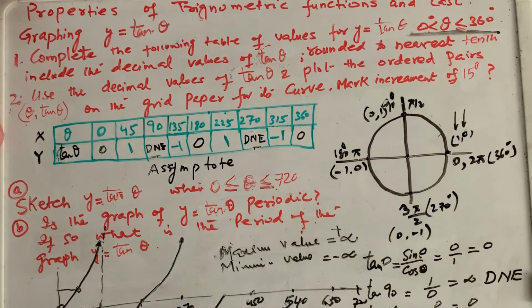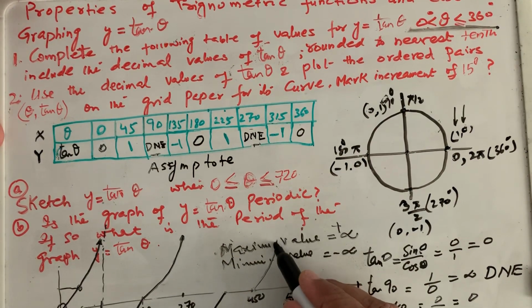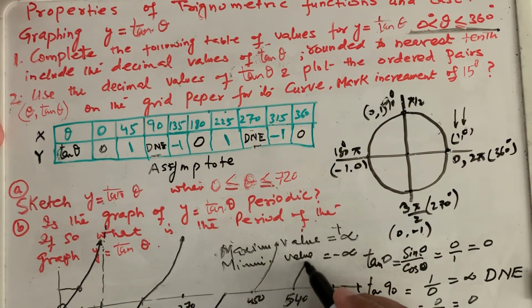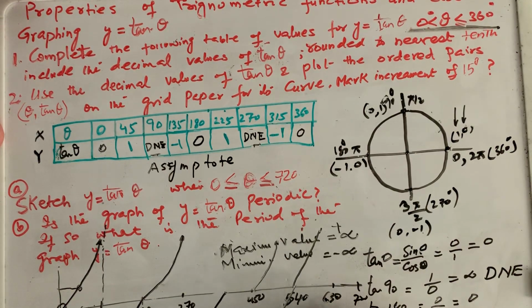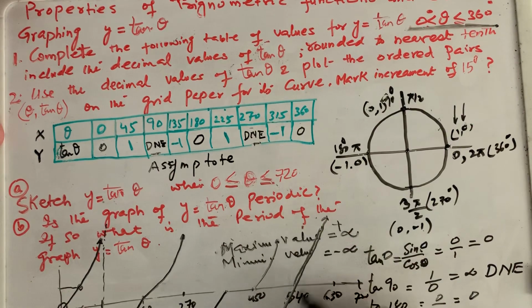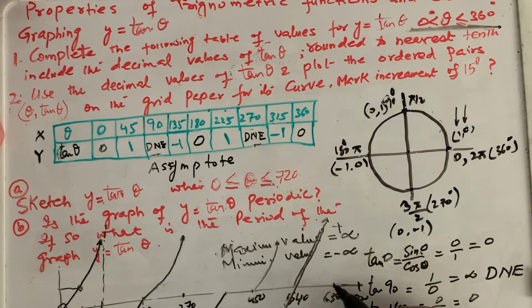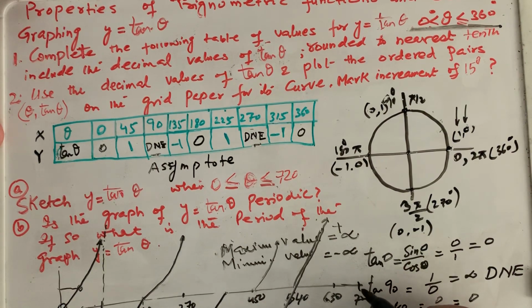And the same curves repeat themselves. So at 450 it is like this, it's never approaching this. It will be going this way and never touching 630 and never touching 450, right? Like this. And at 630, it will be again the same thing. And at 720, it will be again the same graph.